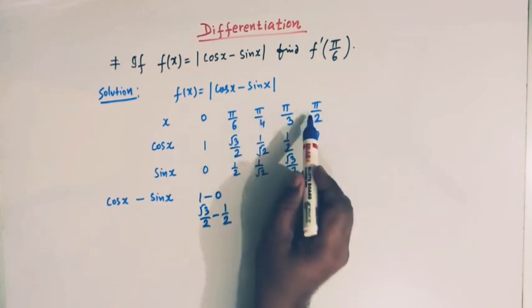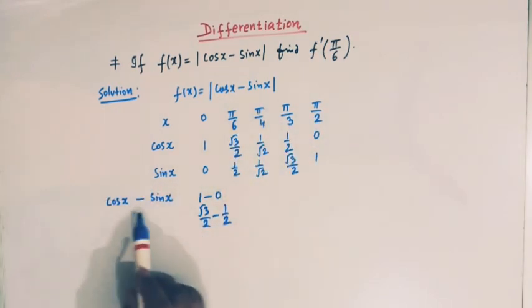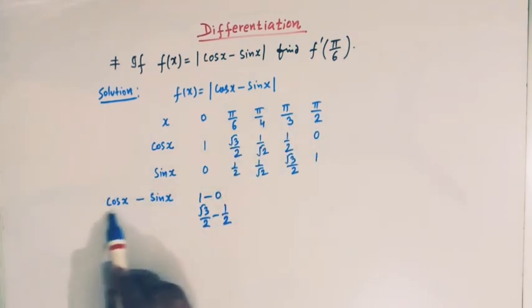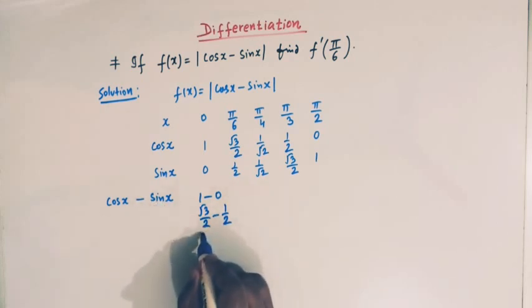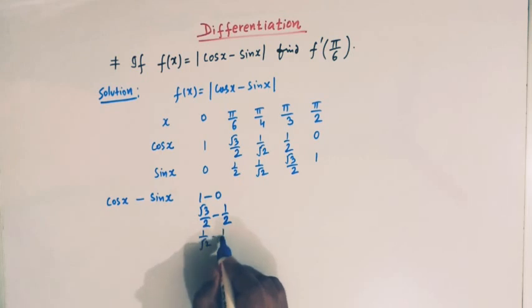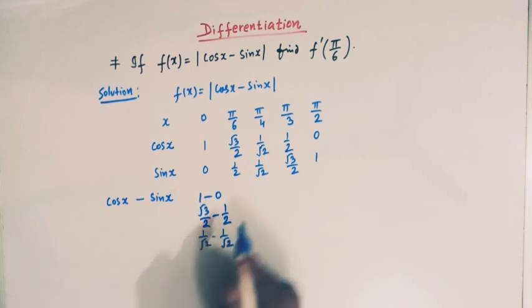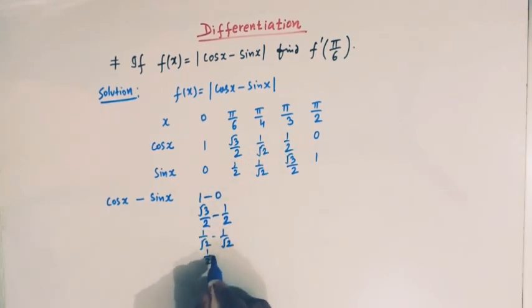Similarly for the other angles, the difference of cos and sin is 1/√2 − 1/√2, then 1/2 − √3/2, and then 0 − 1.